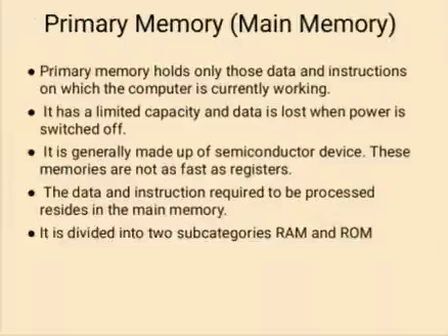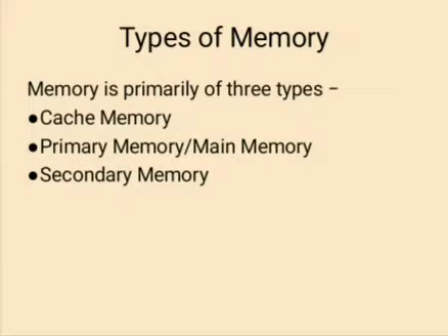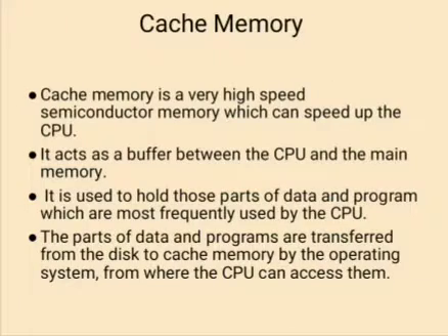I repeat once again, what memories are available: cache memory, primary or main memory, and secondary memory. The cache memory is of very fast speed, and it uses semiconductors. It acts as a buffer between the CPU and the main memory.